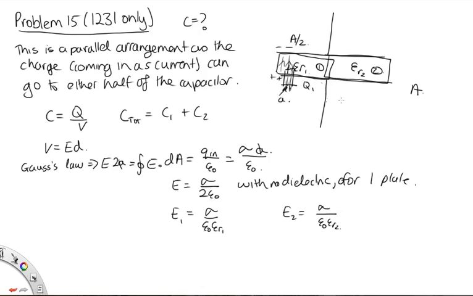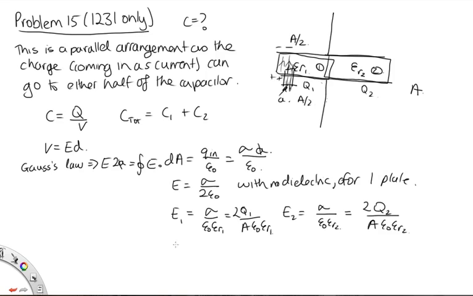We have Q1 on this plate and Q2 on this plate, so we can write sigma. The area of this plate is A on 2, so this is equal to Q1 over A on 2, so that's A epsilon naught epsilon R1, and then the on 2 becomes a 2 up the top. And we've got the same thing here, 2Q2 over A epsilon naught epsilon R2.